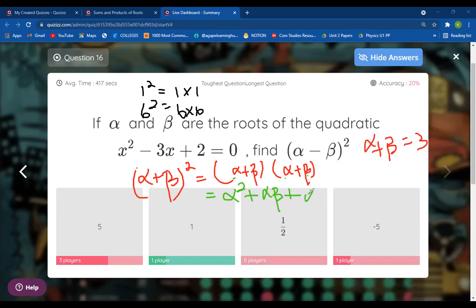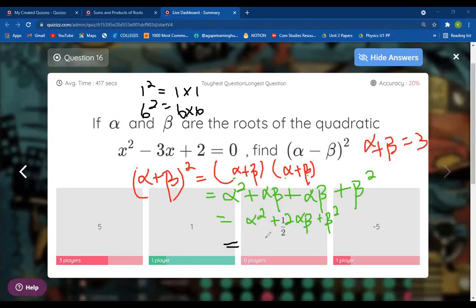So let me just put alpha beta, plus beta times beta is beta squared. So what I end up with is alpha squared plus 2 alpha beta plus beta squared.